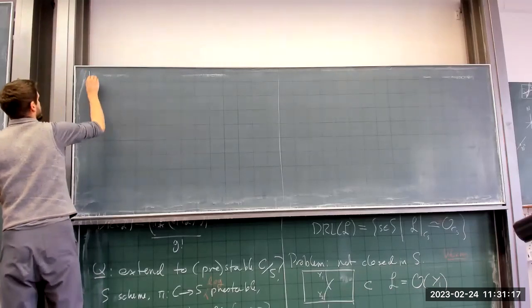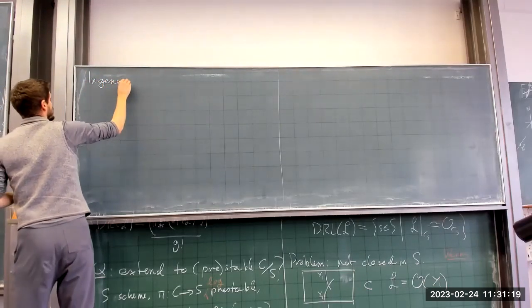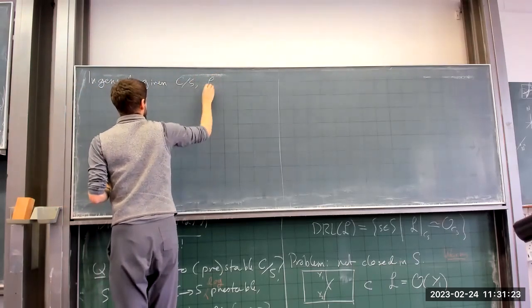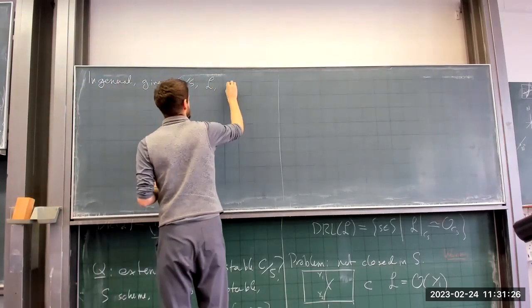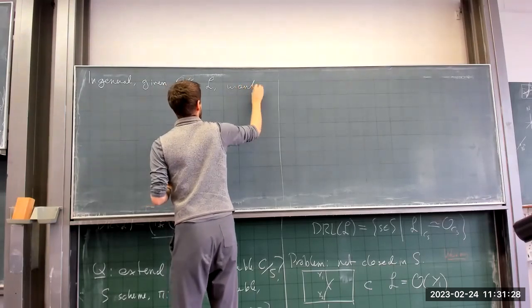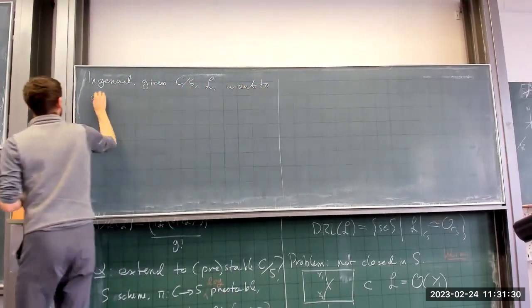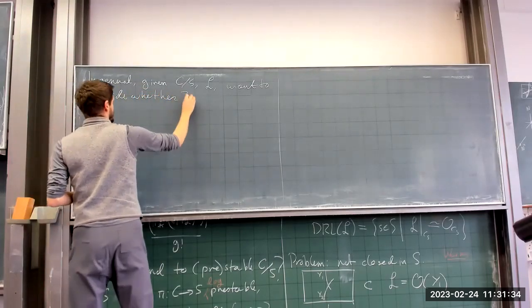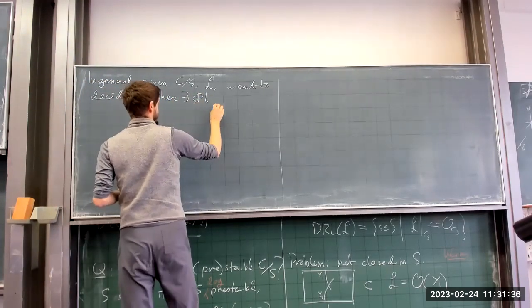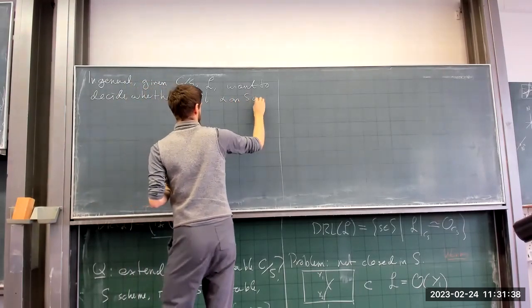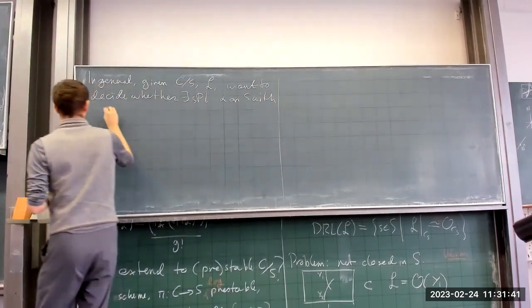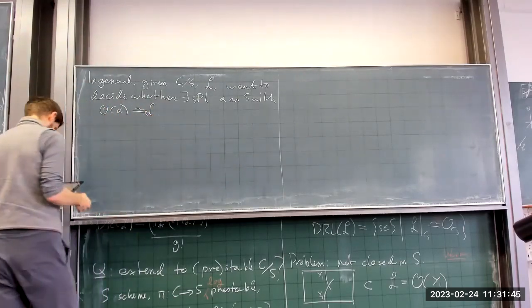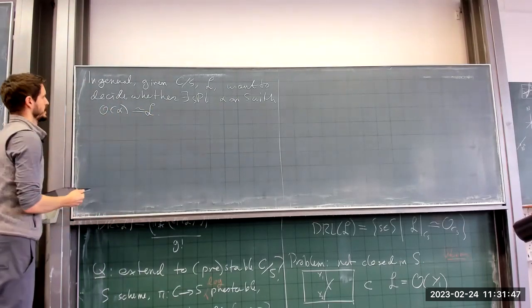So in general, given S and L, we want to know whether there exists a strictly piecewise linear function alpha on S with O of alpha mapping to L. And so a little exercise.